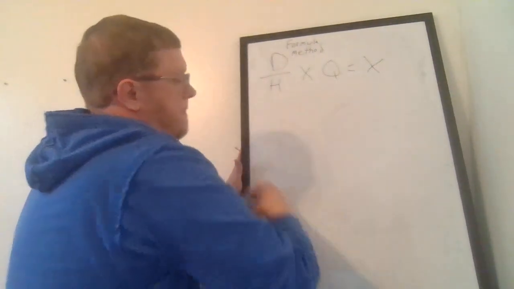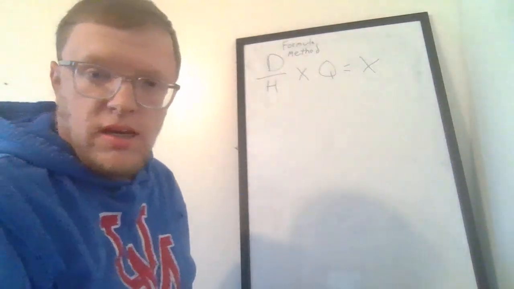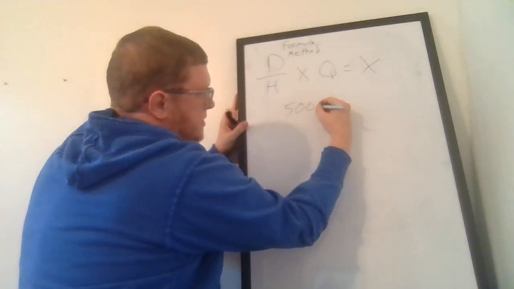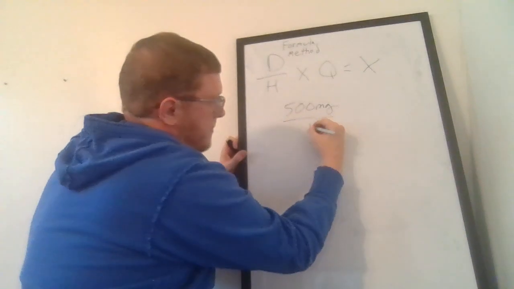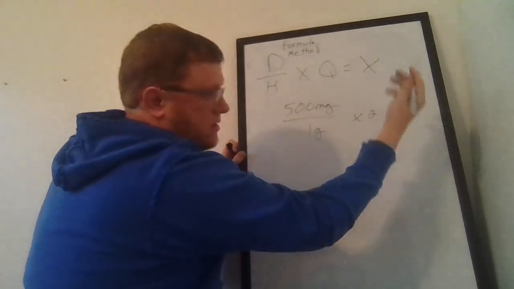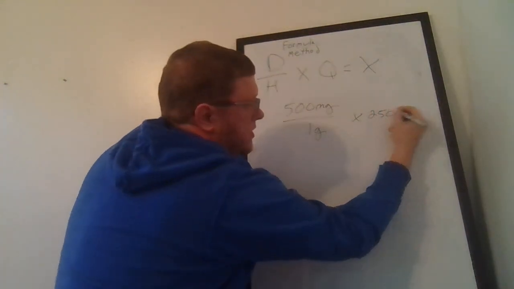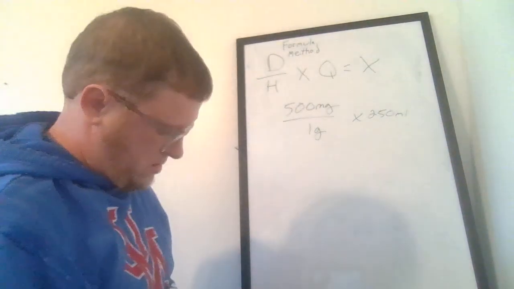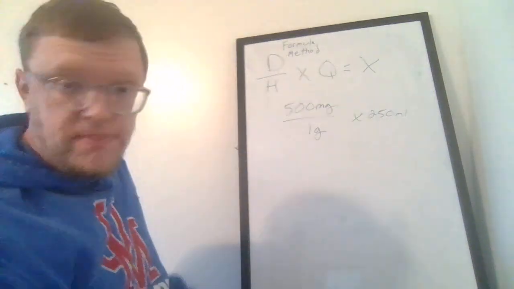All right, we have got it. So we need 500 milligrams of vancomycin. Pharmacy said we have 1 gram in a 250 milliliter bag. We know we've got to make these conversions. I told you that you have to convert because these two have to be the same.